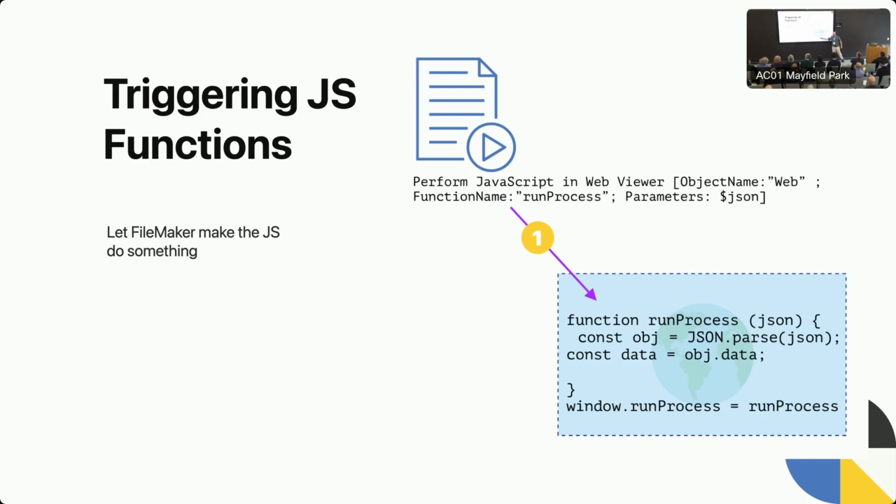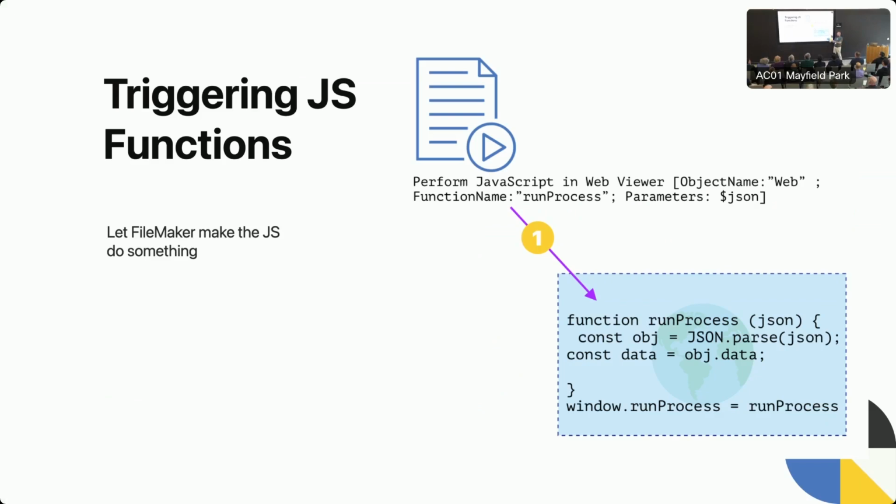Just a quick note on this. This is a weird quirk: the function that we're trying to trigger from FileMaker needs to be put on the window of the browser. The window is the top level of the browser, and FileMaker can only reach the top layer. Without this line here, this function is buried inside of the JavaScript and is not accessible to FileMaker.